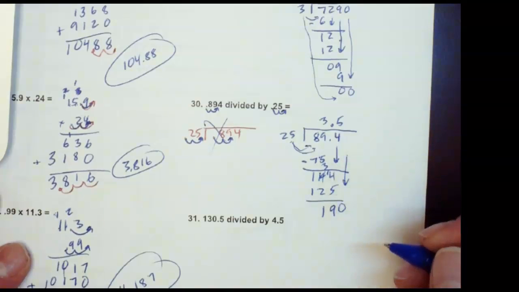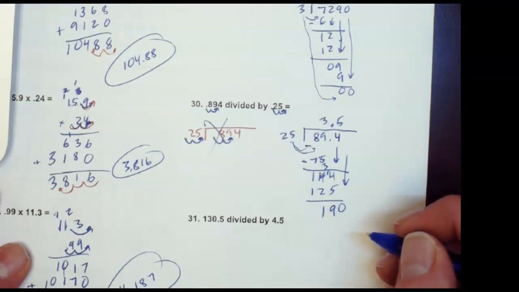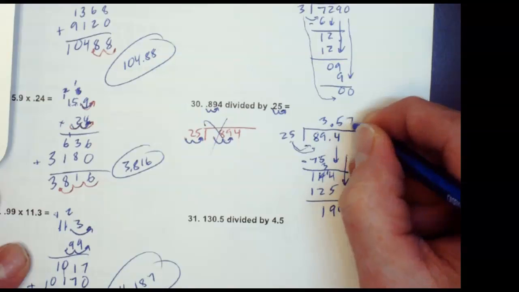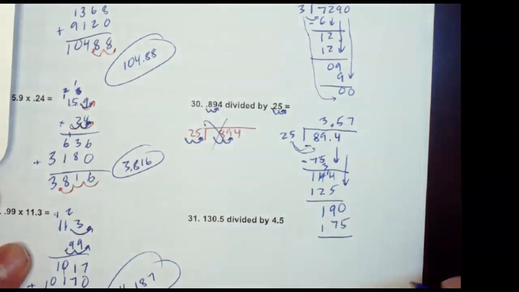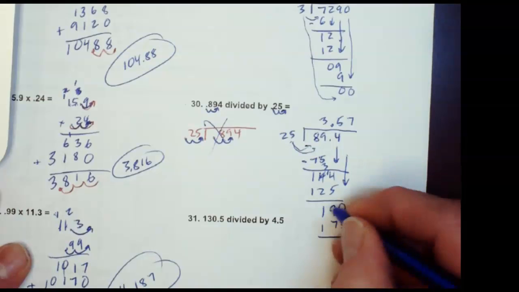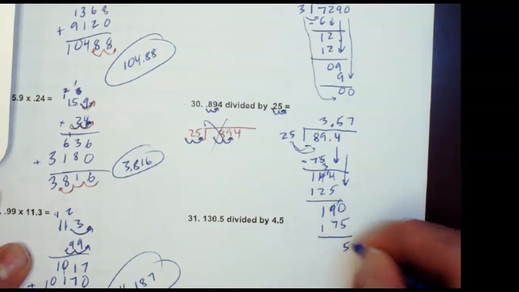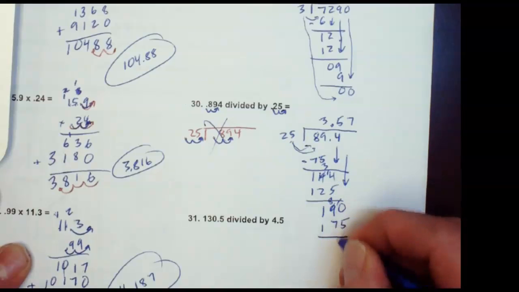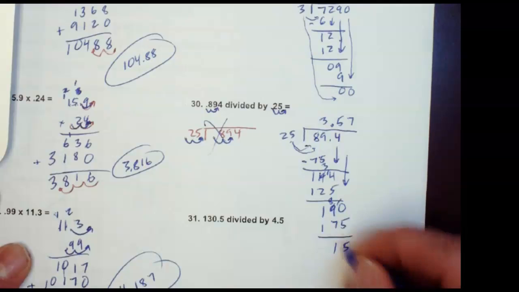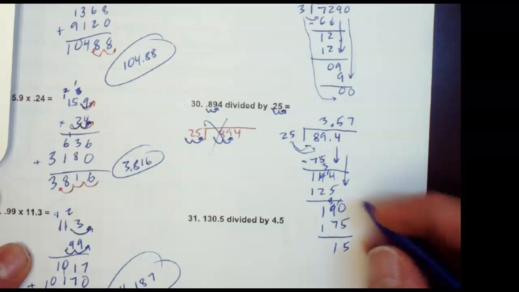And now, how many times will 25 go into 190? Well, 8 quarters is $2, so it must be 7 quarters would be $1.75 or 175. I can subtract out here. 10 minus 5 is 5. Now I've got 8 here. 8 minus 7 is 1, and you've got a total of 15 left over.